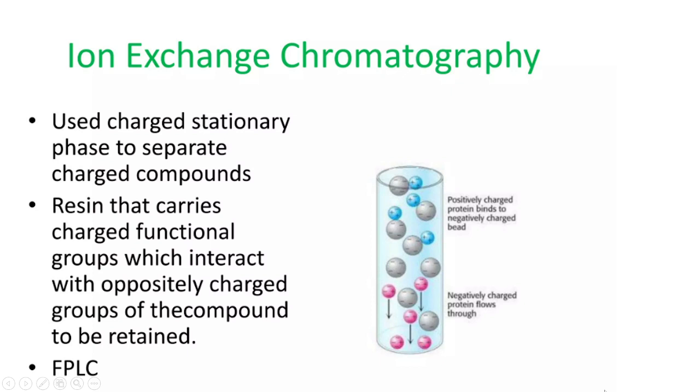So you'll be using the property of the positively or negatively charged ion. The resins on the chromatography will be carrying charged functional groups which will interact with the oppositely charged group of the compound. As the mixture is flowing down, the resin will attract the compound of your interest, and all other molecules which have different charge will flow out. Finally, you can elute out your product.